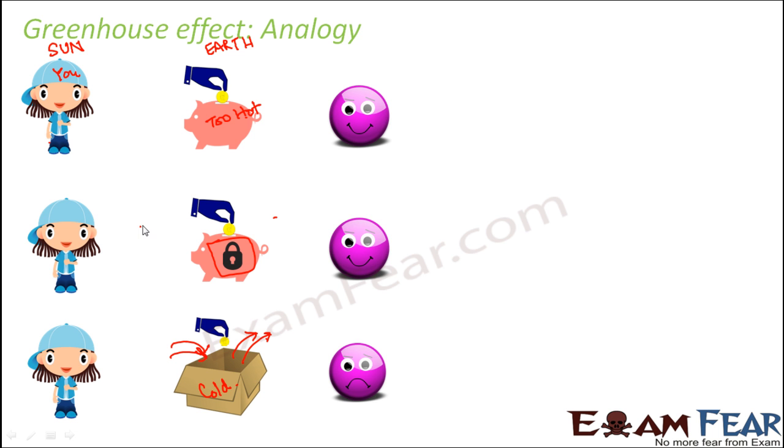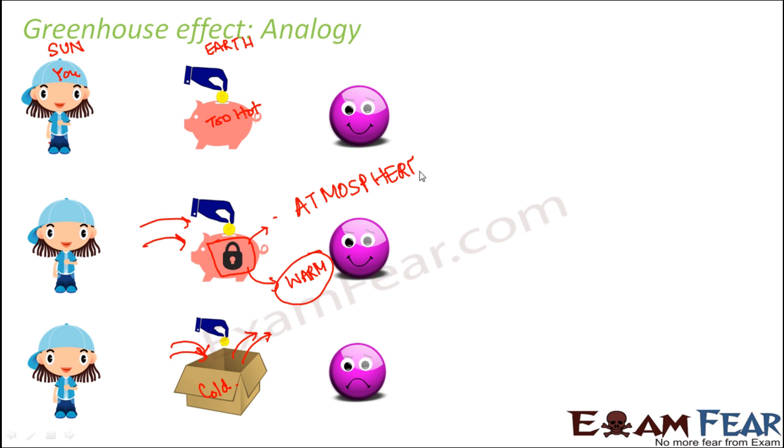There is some incoming radiation, and this time there is some outgoing radiation, but that doesn't mean that all the incoming radiation is equal to the outgoing radiation. In this case, the outgoing radiation is lesser than the incoming radiation. As a result, the temperature inside the earth will be kept warm, not hot but warm. Now why is this happening? This is happening due to the presence of the atmosphere.